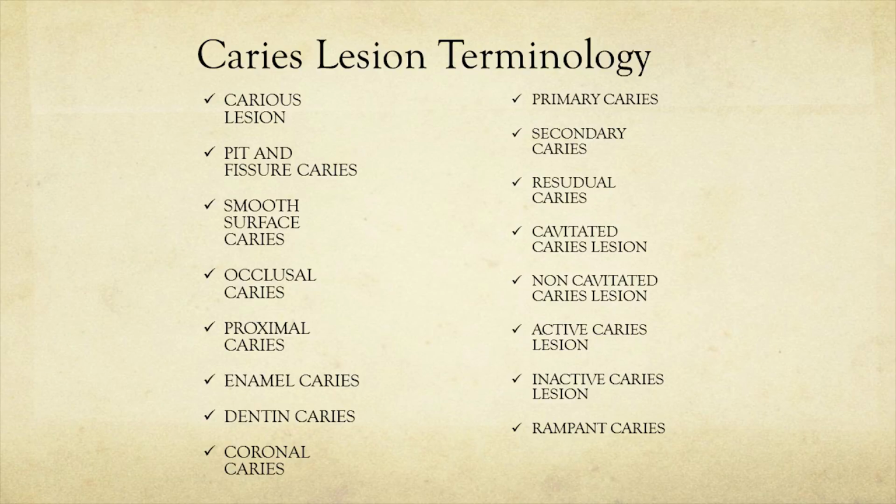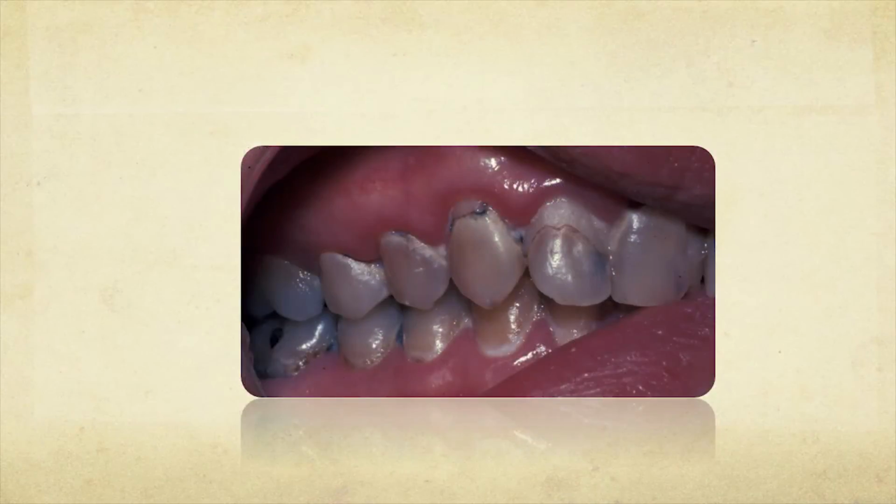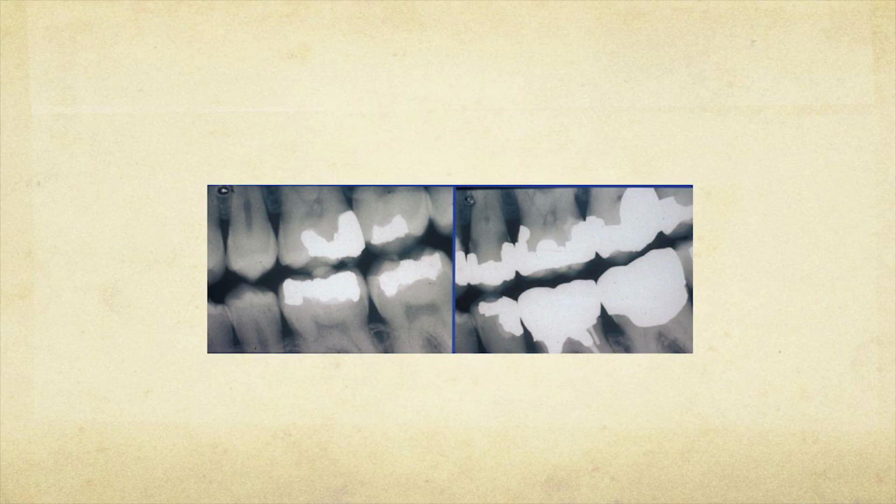Multiple forms of caries. Radiographically, they appear as radiolucent areas. The slide on the far right shows a maxillary premolar with caries under the restorations. Those lightened areas are your restorations and crowns, but you're seeing radiolucency around those areas.